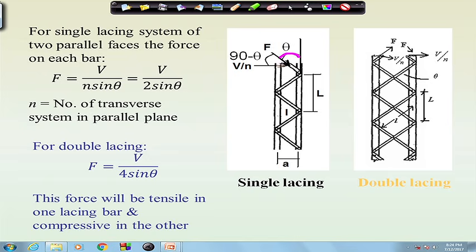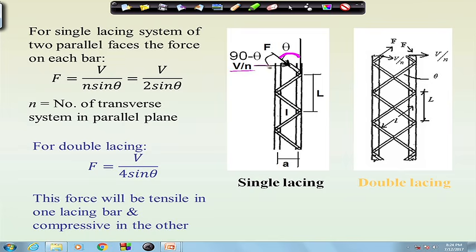The total transverse shear force is V, then in each plane it will be V by N, because there may be two planes, or the number of planes may be increased. So, depending on the number of planes, the shear force in each case will be V by N, right.